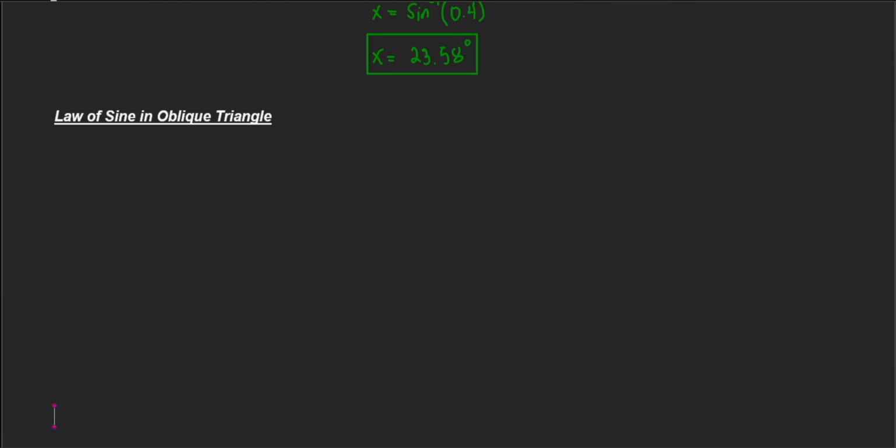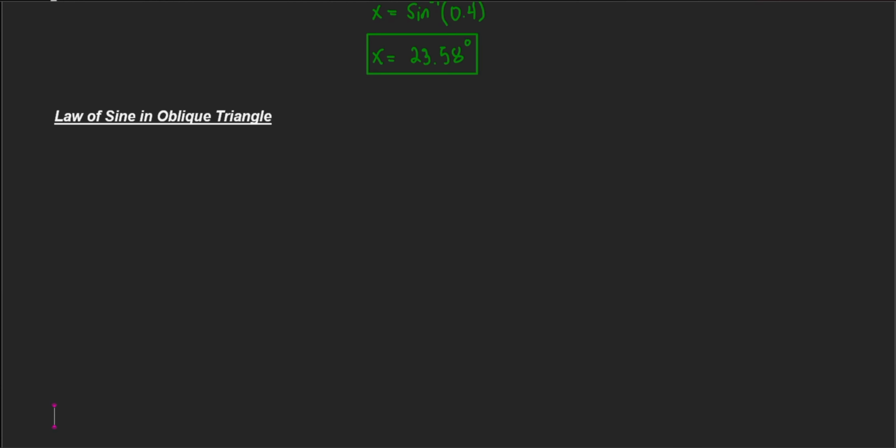Now, sa law of sine, this is applicable if we're looking for... yung law of sine natin is magagamit lang po natin yan sa mga triangle na which is oblique triangle. For example, you can identify the side and also the angle of the given oblique triangle.